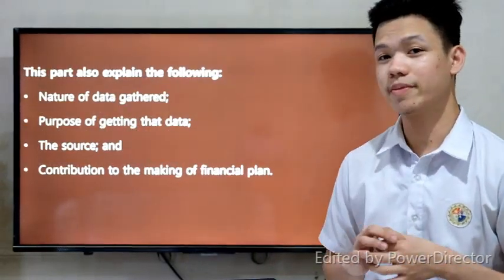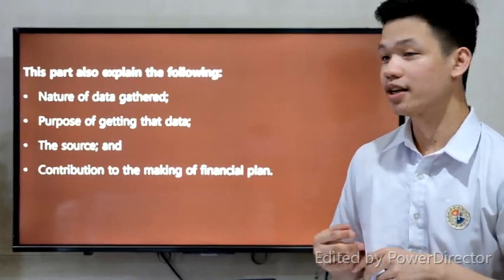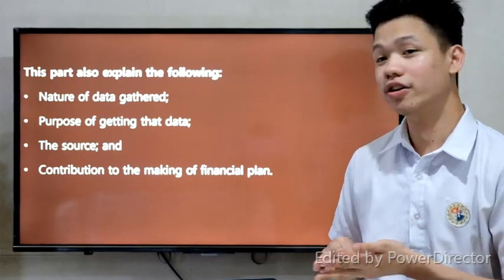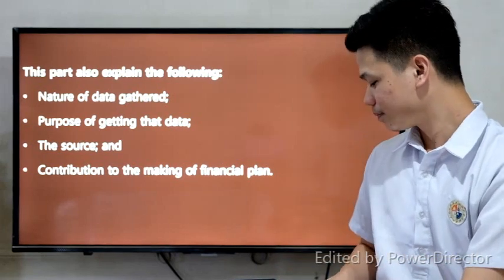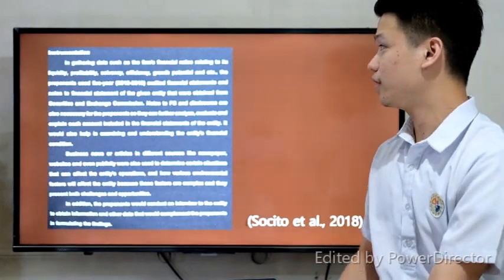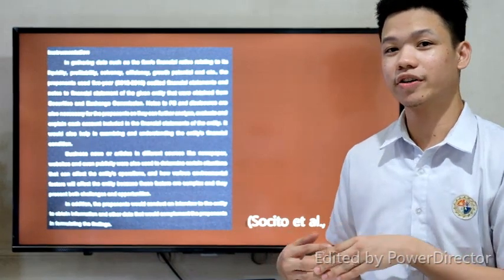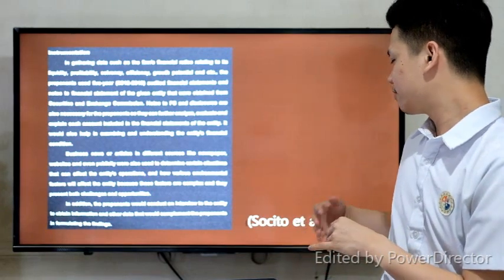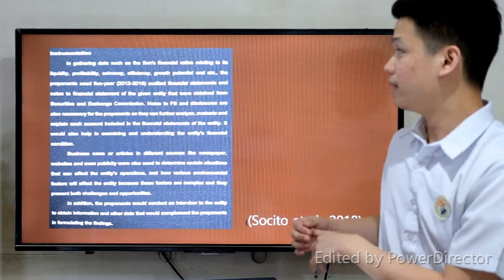This part also explains the following. First is the nature of the data gathered. Second is the purpose of getting that data, the source, and the contribution to the making of the financial plan. For example, I get an instrumentation part of a financial plan by Sison and company for year 2018.